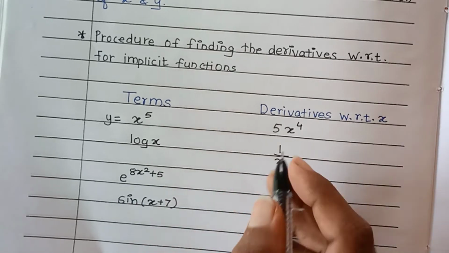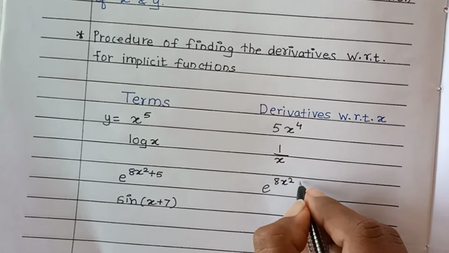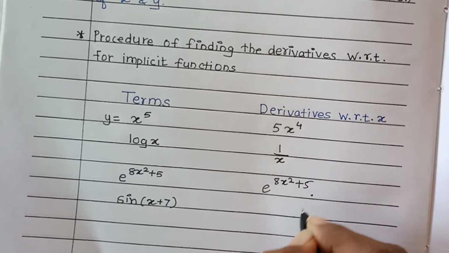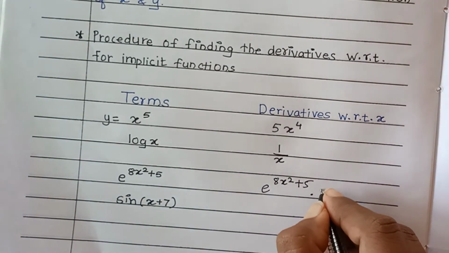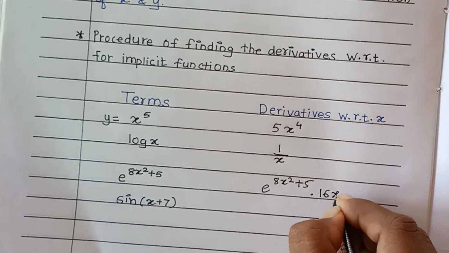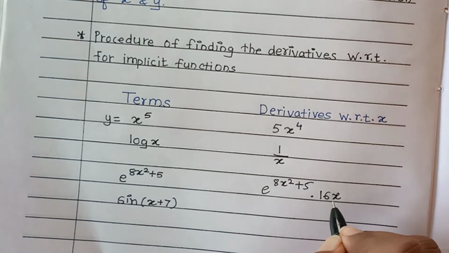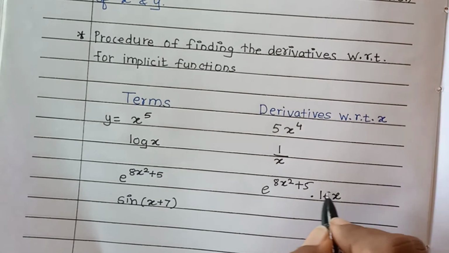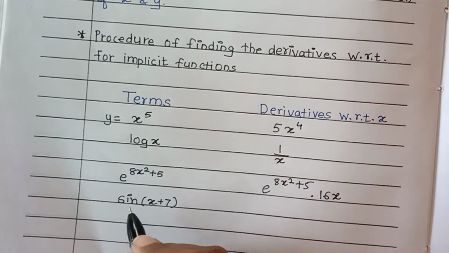Means e raised to 8x square plus 5 multiplied with the derivative of this function. It will be 8 into 2 is 16x plus 5. 5 is a constant term, so the derivative of any constant term is 0. So here it will be only 16x. This will be the final answer for this given question.